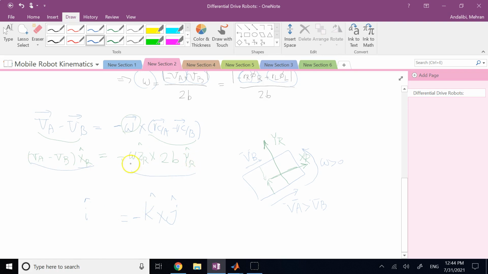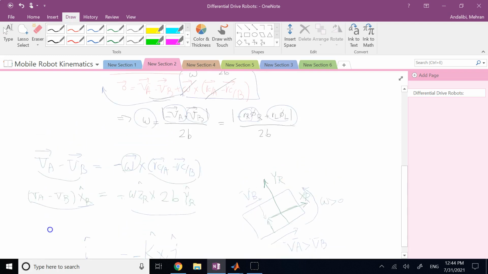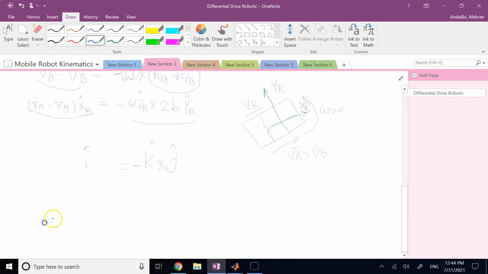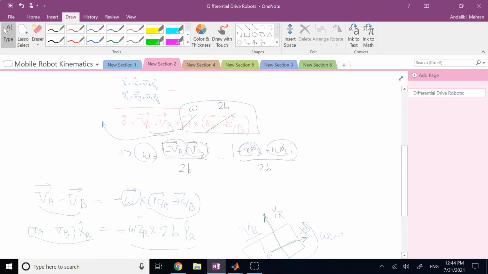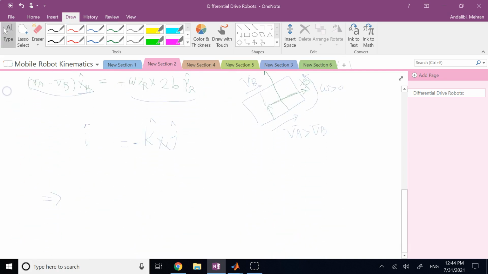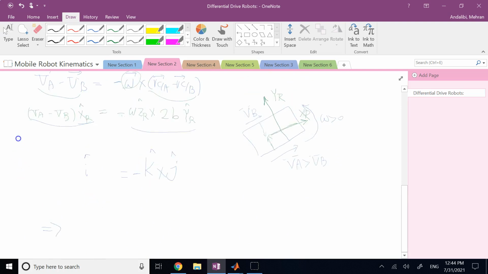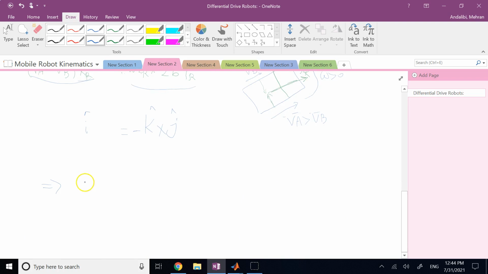In other words, if we reverse the order, or subtract basically the second one from the first one and multiply by a negative, what you will get is basically VA minus VB times XR.